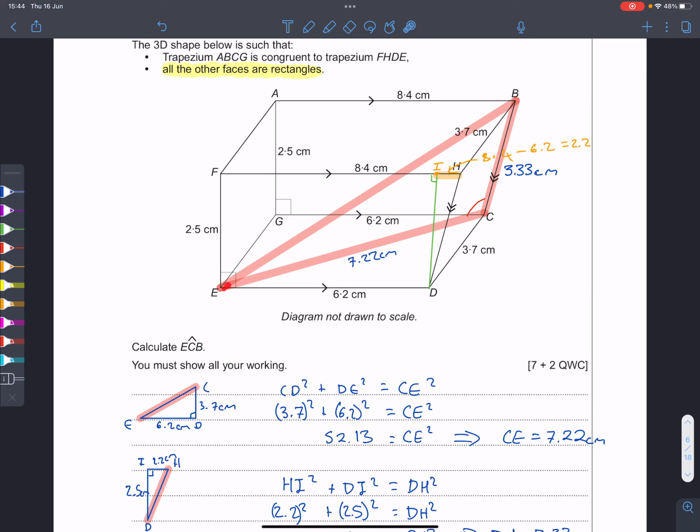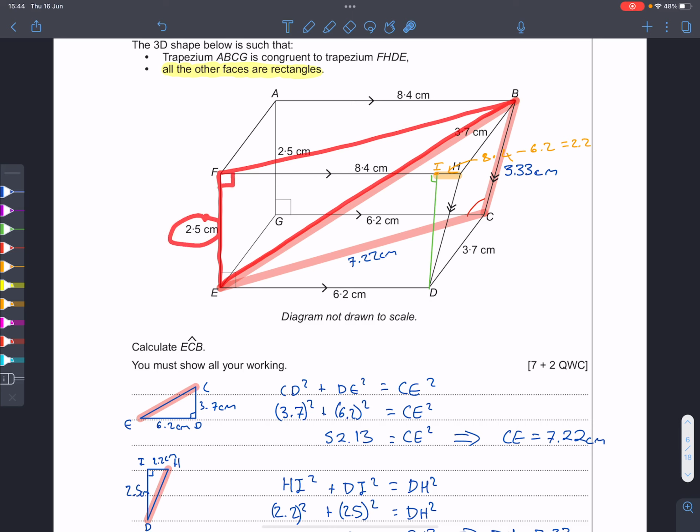Now I need to look at this side. Now this side is a bit of a pain because this isn't a right angle triangle, so we can't use that. So we have to try and use a right angle triangle to help us find it. So the right angle triangle I'm going to use is going to be this one, FEB. So there's a right angle there.